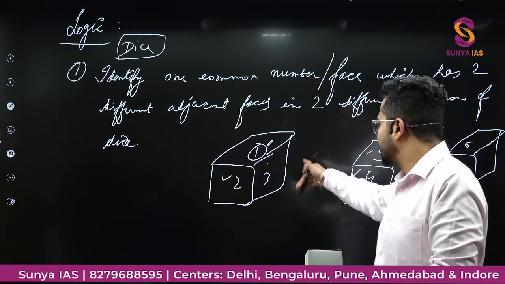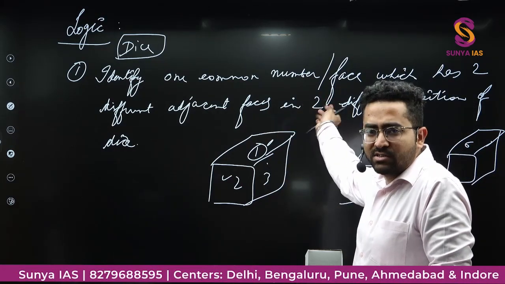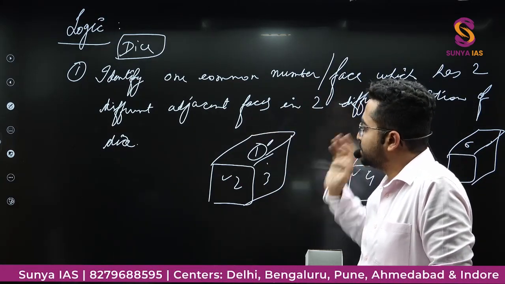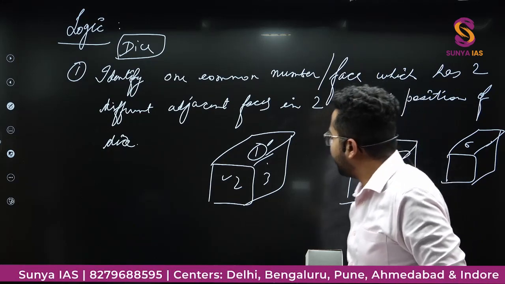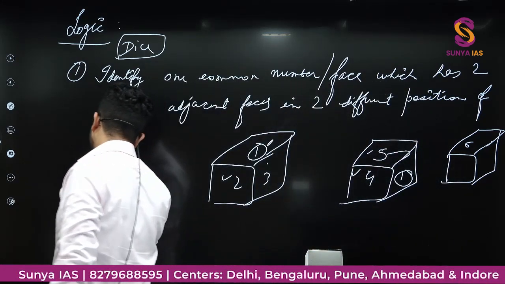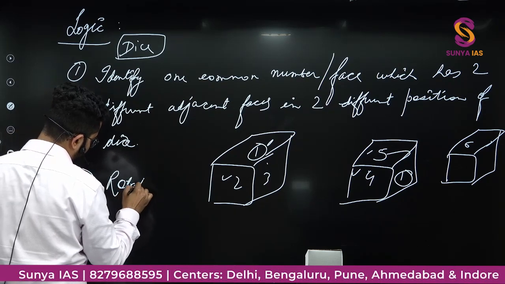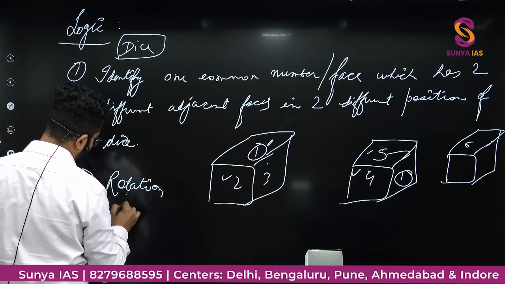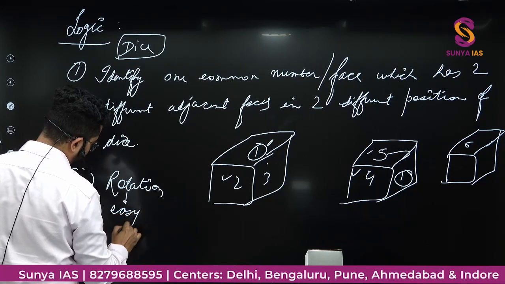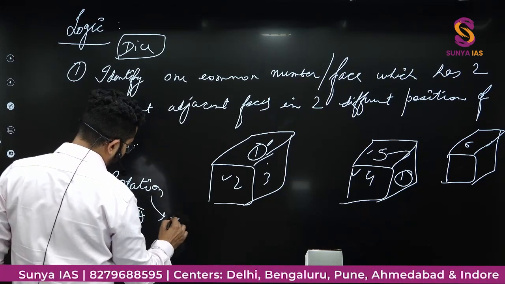Got it? This I have already explained. Right now I have just written the whole statement. Okay. Second, what I told you, rotation should be an easy rotation and only when it is inevitable.